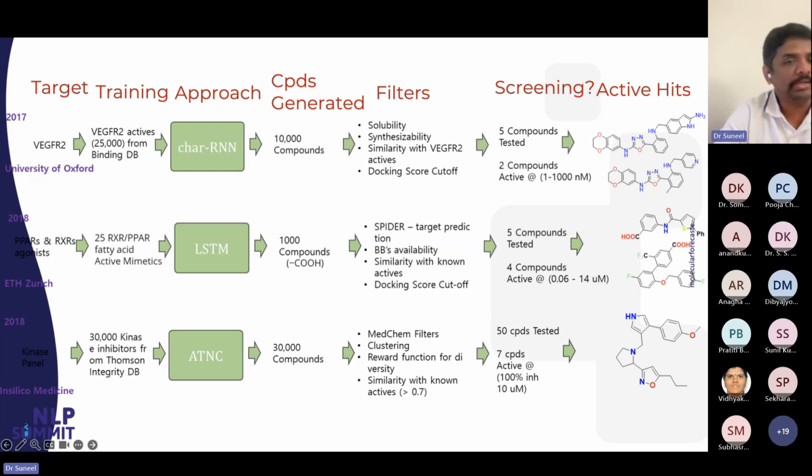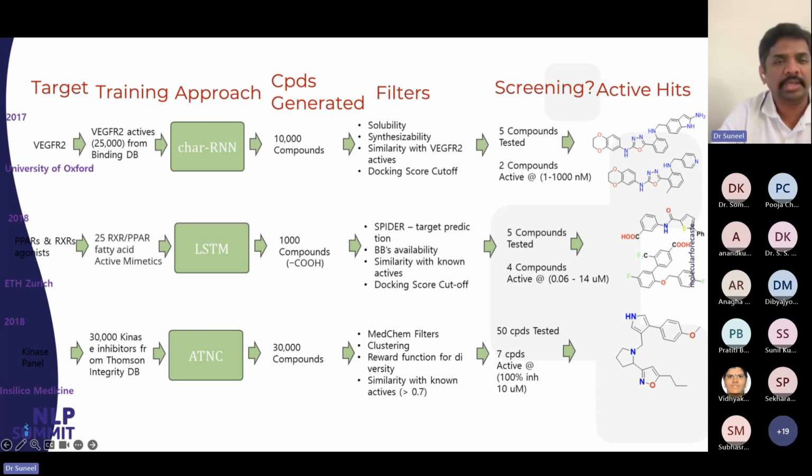Finally, they generated 10,000 compounds here, 1,000 with a substructure, as the authors wanted molecules with a carboxyl group for sure. And the next one, they generated 30,000 compounds using AI. Typical filters are a solubility filter, a synthetic assessment filter, followed by a docking score cutoff or Metcalfe filters and clusters.